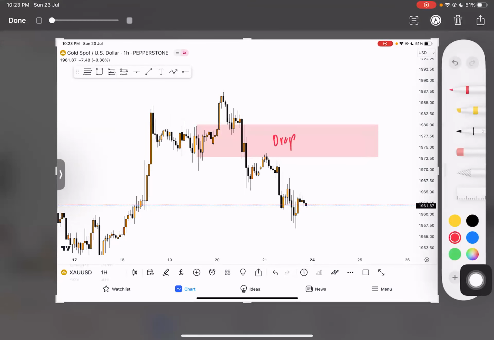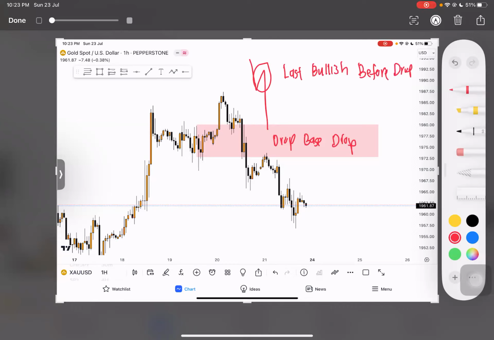For drop base drop, you have to mark this candlestick, which is the bullish one. You have to mark the base. So for this drop base drop, you just mark this one. I will take it as the last bullish before the drop.